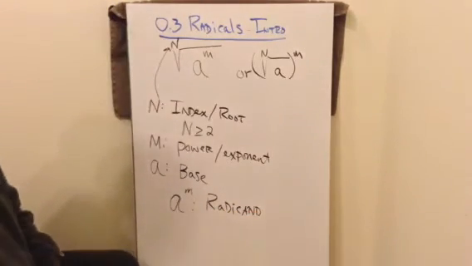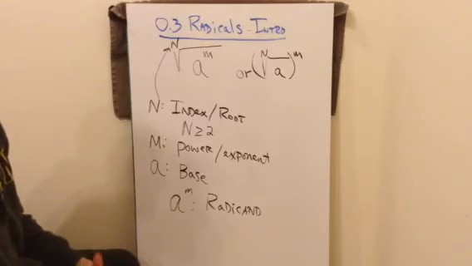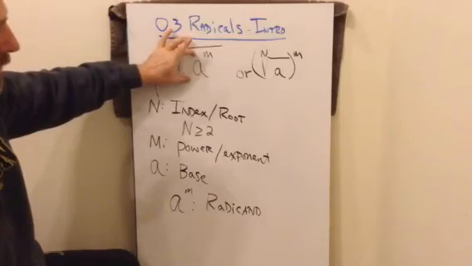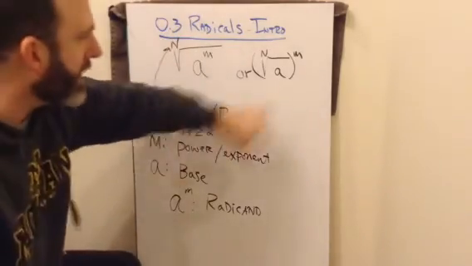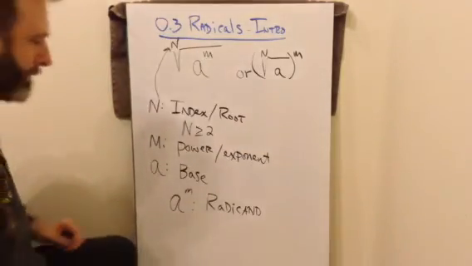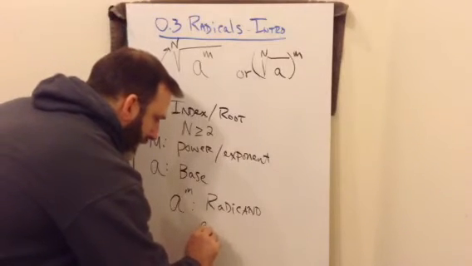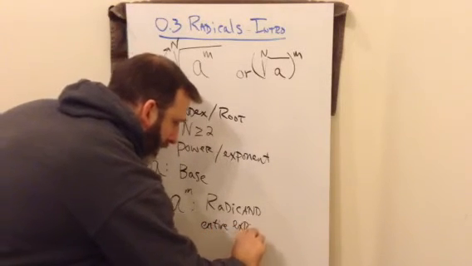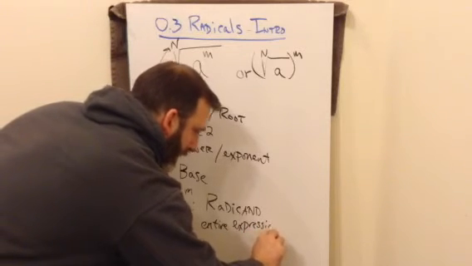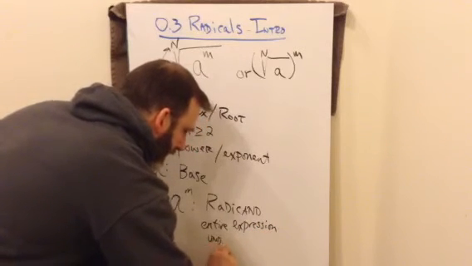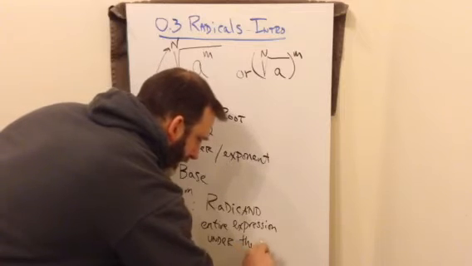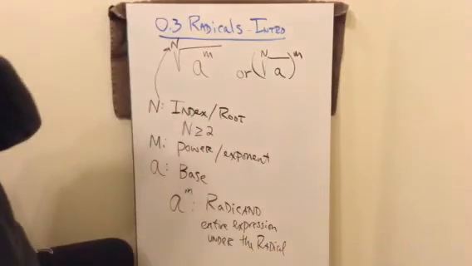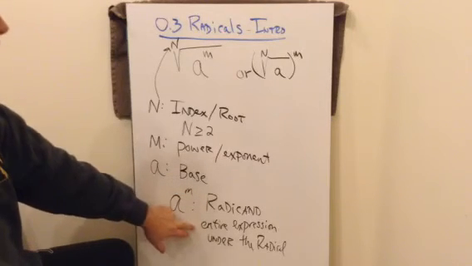The basic definition of the radicand is the entire expression under the radical symbol. So in this case, it would just be the a. In this case, it's a to the m. This is the entire expression under the radical. Okay, so the radicand is the entire expression under the radical.